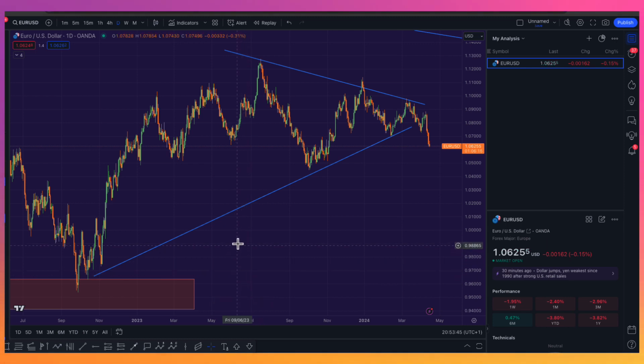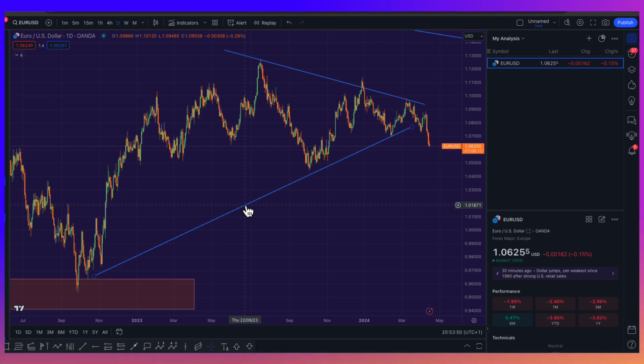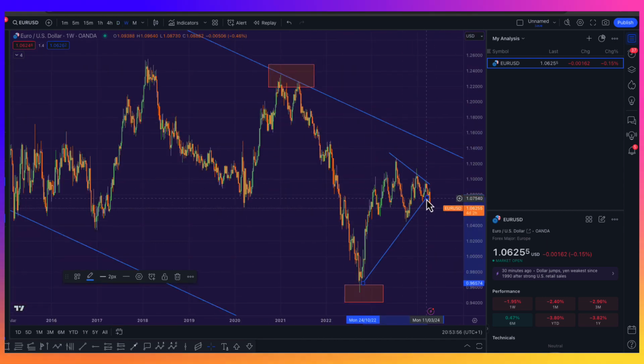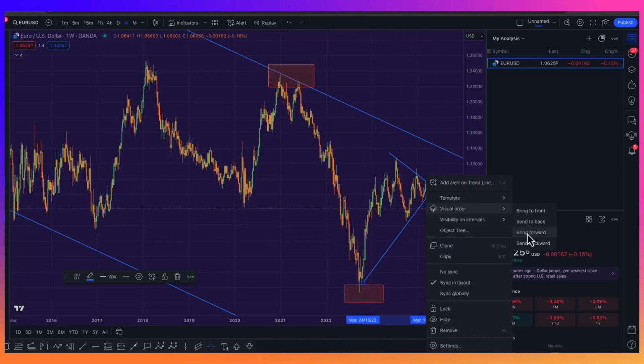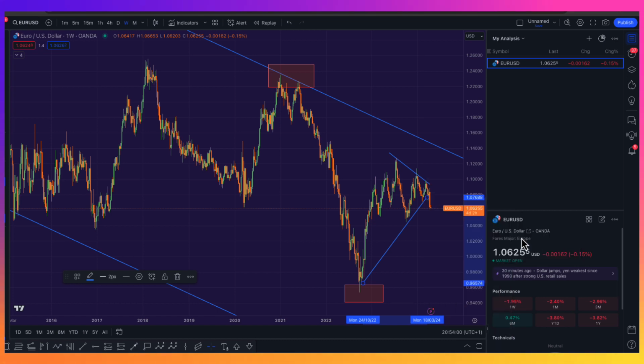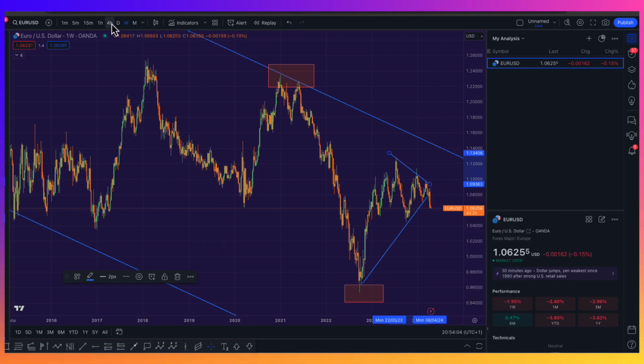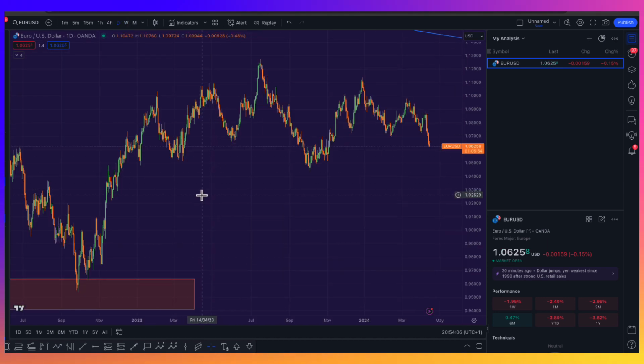Let me first get rid of this, for simplicity, so I just keep this triangle only on the weekly chart. And then I'm going to the daily chart.